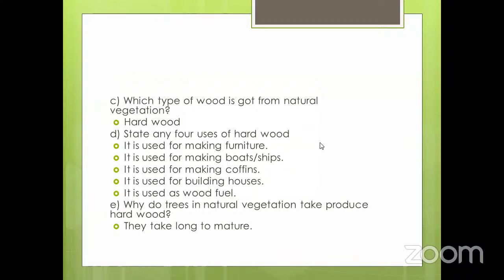Okay, the answer comes within natural vegetation. We looked at the types of natural vegetation. We listed them. Last time we said we have savanna, we have tropical rainforest, we have desert, we have mangrove, we have temperate, and so on.